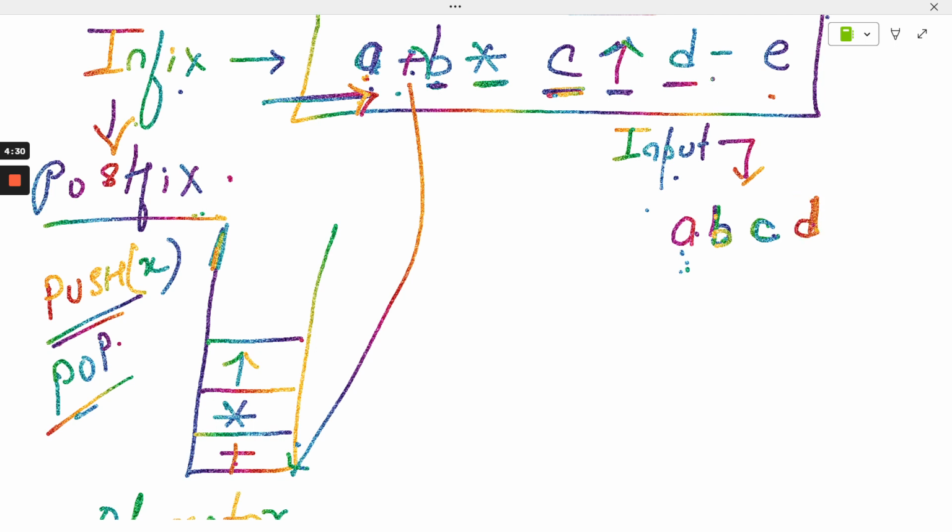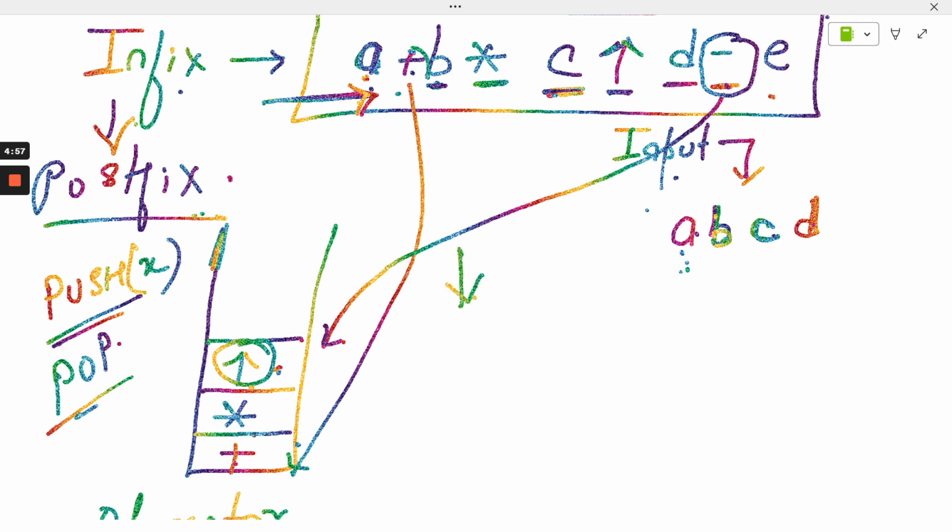Now we next encounter a minus. When we are trying to push an operator into the stack, we compare the top of the stack with the look ahead symbol. Here our look ahead symbol is minus, and on the top of the stack we have the raised to operator, so we compare the precedence.